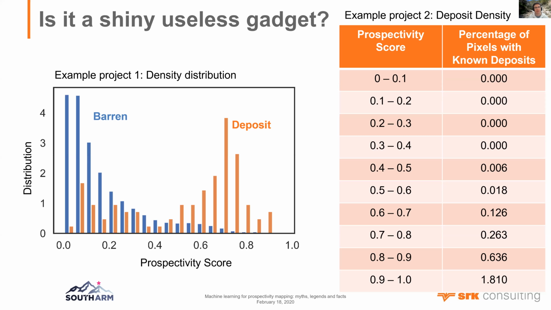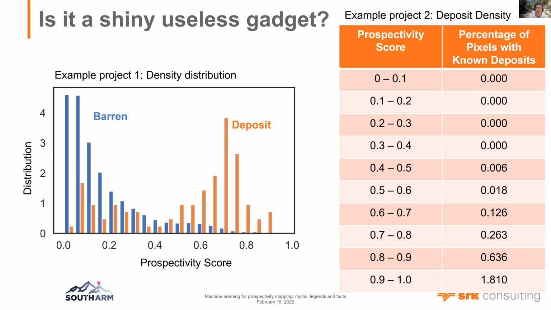This table here explains the exact same thing. You have bins of prospectivity scores for another project, and you see that if you have low prospectivity, there are no known deposits within these areas. But when you're looking at pixels that have a higher prospectivity score, let's say from 0.9 to 1, you have a 1.8% chance to have a deposit in one pixel.